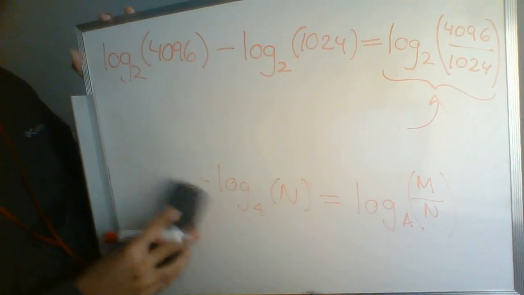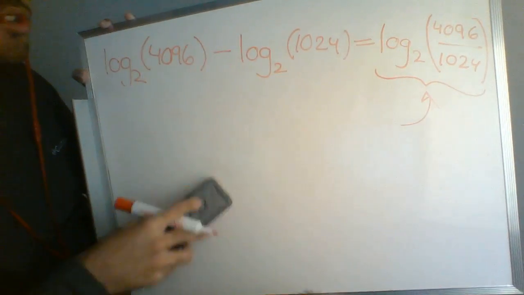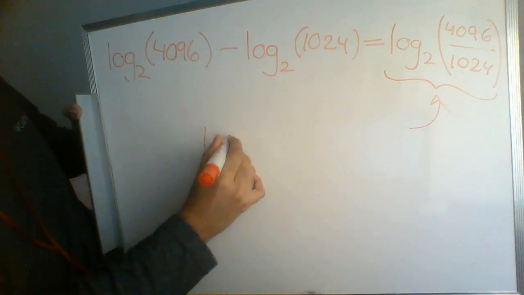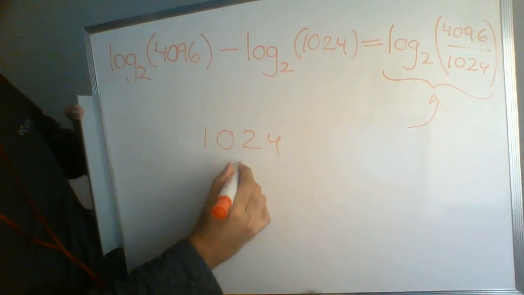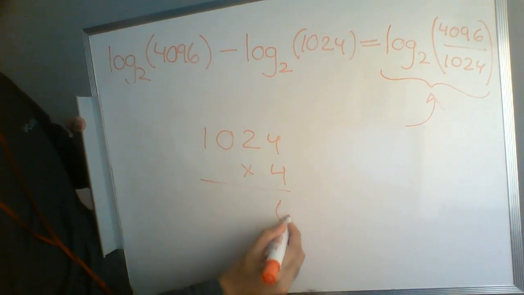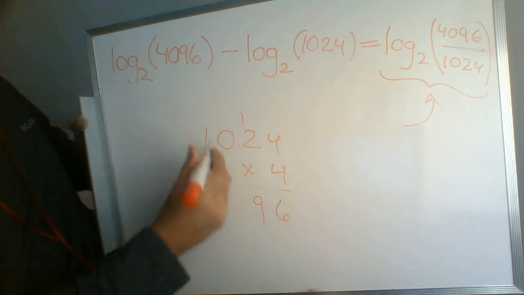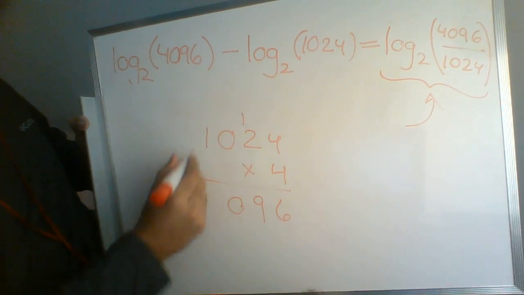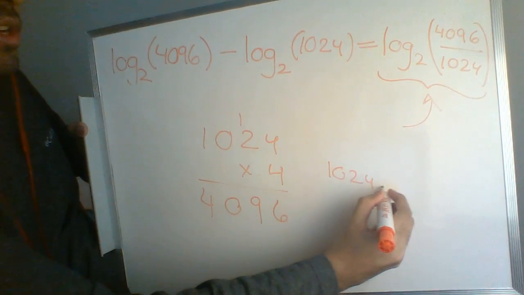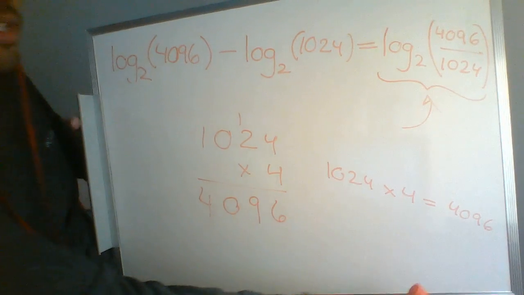So looking at the number 4,096 and the number 1,024, the relationship between those two might not actually jump out at you very readily, but it turns out if you take 1,024 and you multiply it by 4, 4 times 4 is 16, carry the 1, 4 times 2 is 8, plus 1 is 9, 4 times 0 is 0, 4 times 1 is 4. So this tells us that 1,024 times 4 is equal to 4,096.